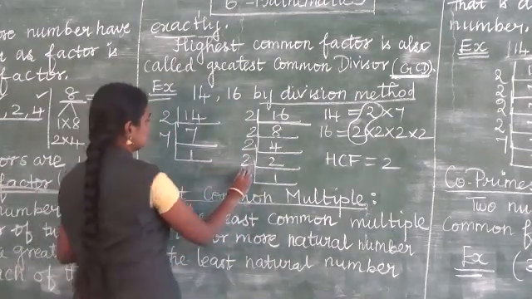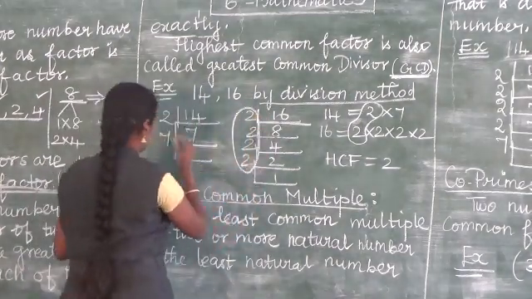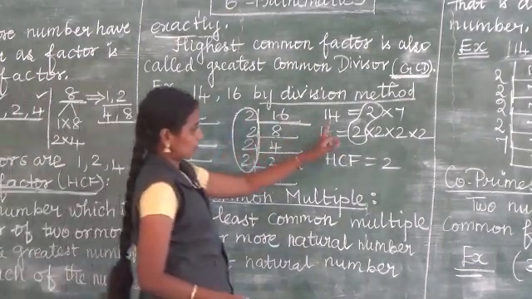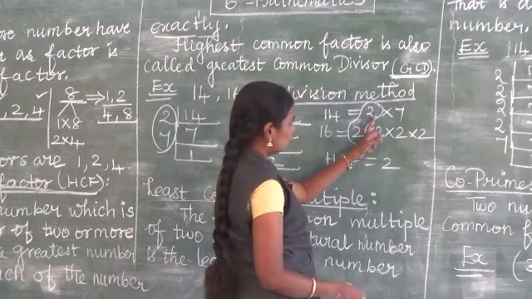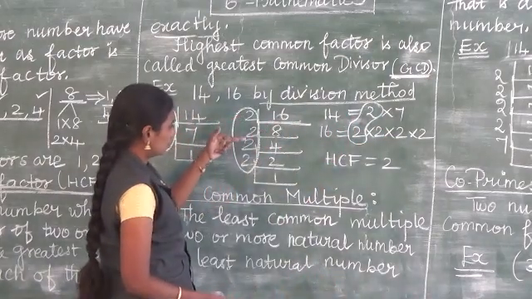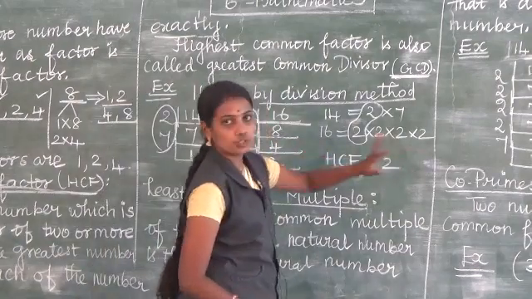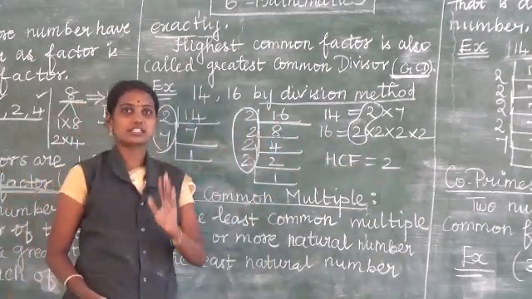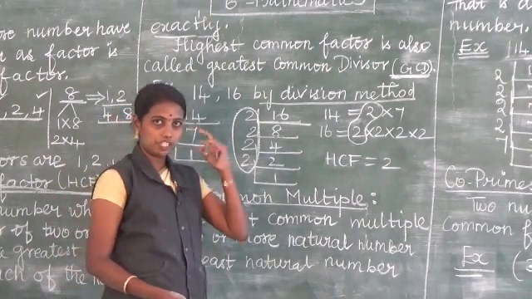These are called the prime factors. The factors of 14 are 2 into 7. The factors of 16 are 2 into 2 into 2 into 2, four 2s. Write in multiplication, don't write in addition. Factors means multiples of the number. Keep that in your mind.